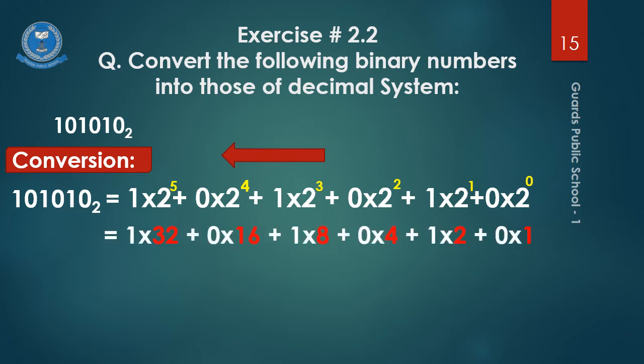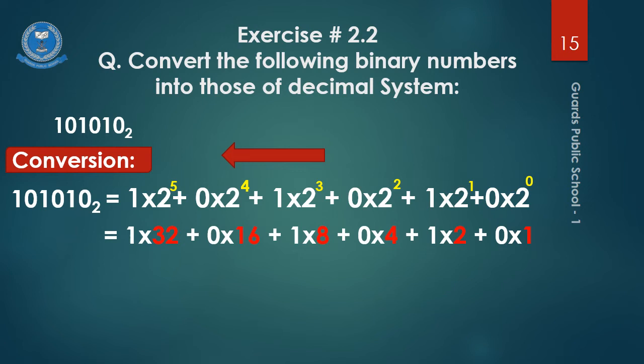Likewise 0 will multiply with 2 raised to power 4, which is 16. Now plus 1 will multiply with 2 raised to power 3, which means 8, plus 0 multiplied with 2 raised to power 2, which means 4, plus 1 multiplied with 2 raised to power 1, which means 2, plus 0 multiplied with 2 raised to power 0, and 2 raised to power 0 is 1, right?